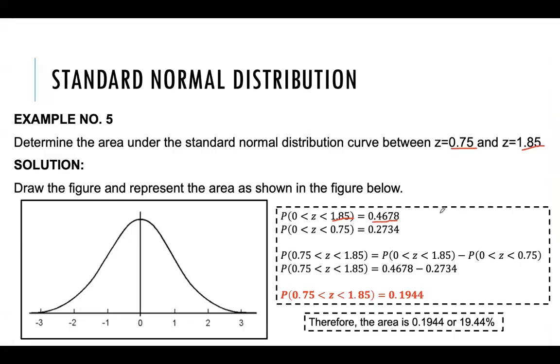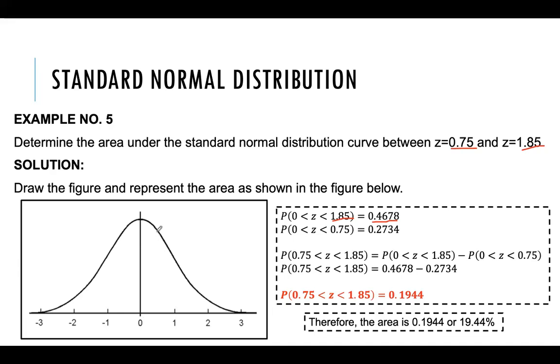So, tama, no? The probability of the area between the 0 and 0.75 is 0.2734. And then the probability of the area between the 0 up to z value of 1.85 is 0.4678.